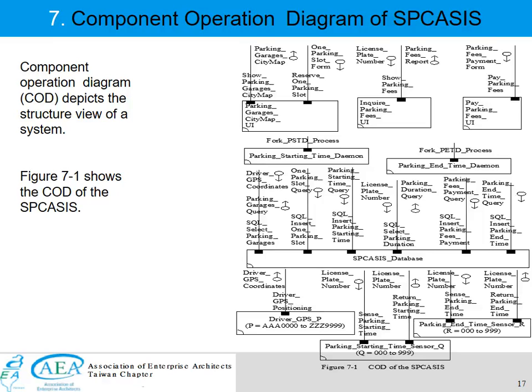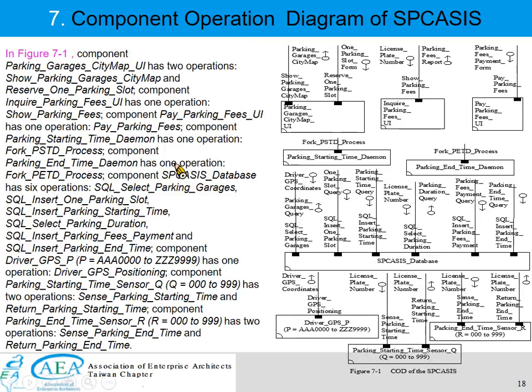Component operation diagram of smart parking IoT system. Component operation diagram (COD) also depicts the structural view of a system. In Figure 7-1, we can see all the components of SP cases. Also, for each component, its operation and their input and output data are all shown in this component operation diagram.